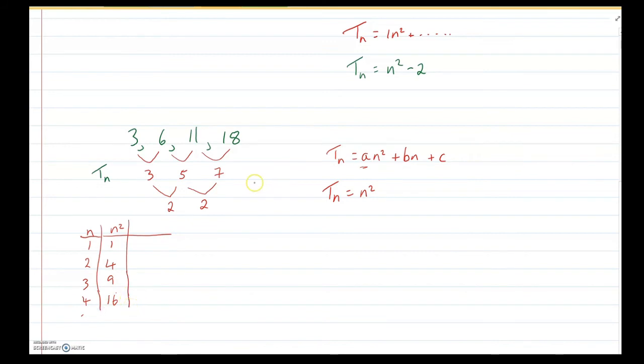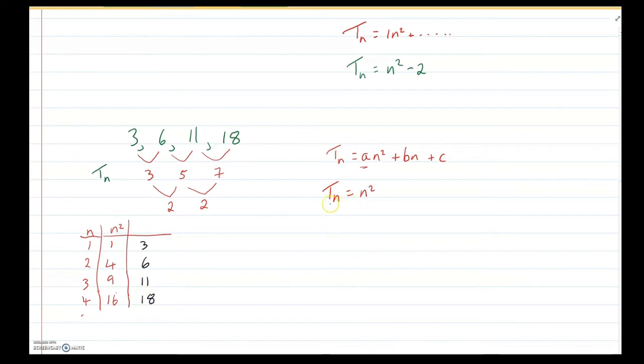Now, what are our actual numbers of the sequence that we are given? The first term is 3, the second term is 6, the third term is 11, and the fourth term is 18.